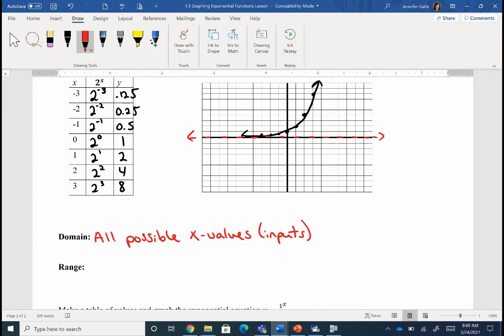I know we haven't done it yet, but I could put a fraction for an exponent. You guys will get to that in Algebra 2. But we could. So my list of possibilities for my x values, I can put whatever I want in. If I can put whatever I want in for x, my inputs are unlimited. We say all real numbers can go in for x.